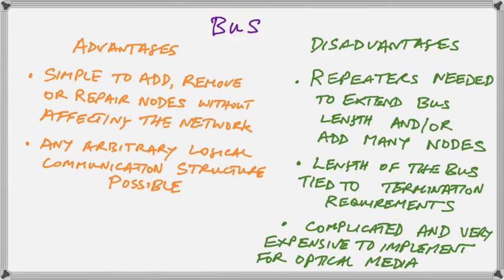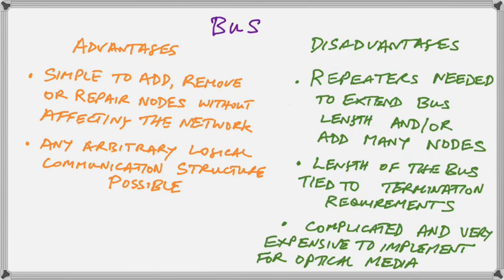So we can't just add as many nodes as we like, and it becomes a little more complicated to extend the bus over great lengths. So that is why we're saying that we can use repeaters to connect buses together, which is only a disadvantage because it adds complexity and increases cost.